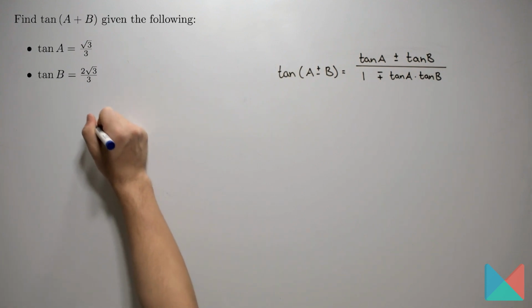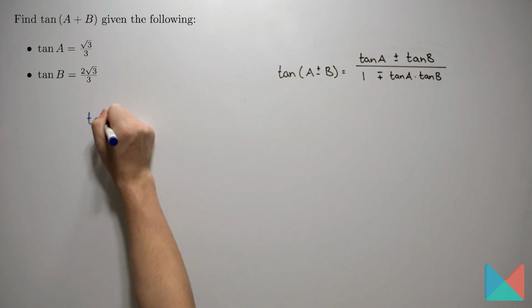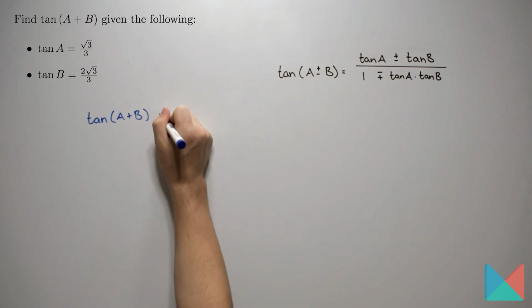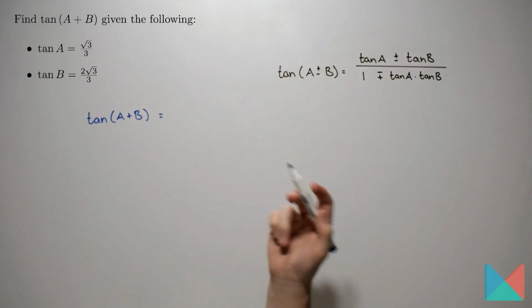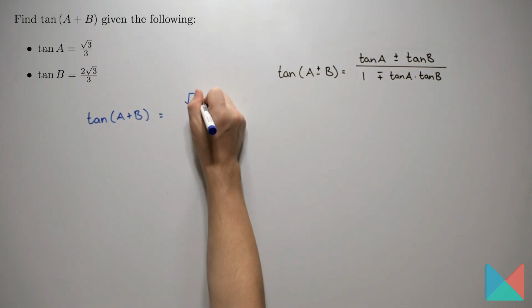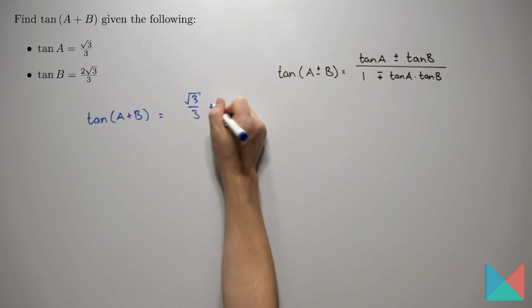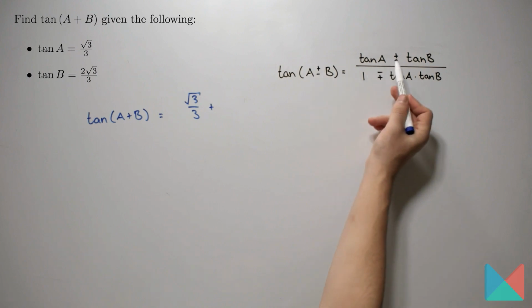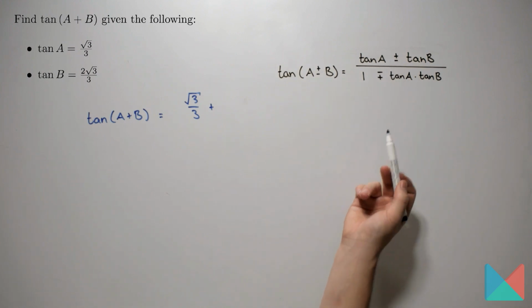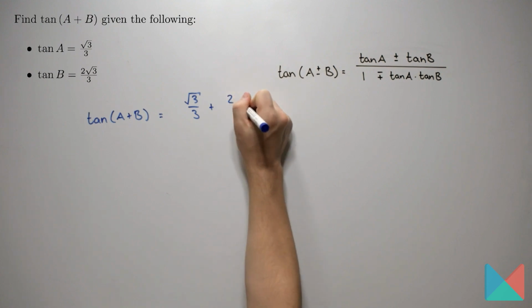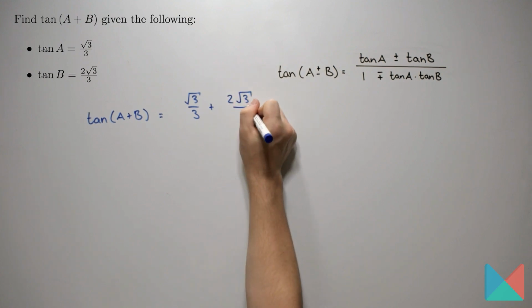So we're going to have tan of A plus B, and this is equal to tan of A, which is given as root 3 over 3, plus, because we're using the top operator in this formula to use the sum identity, so we're plus tan of B, and that is given as 2 root 3 over 3.